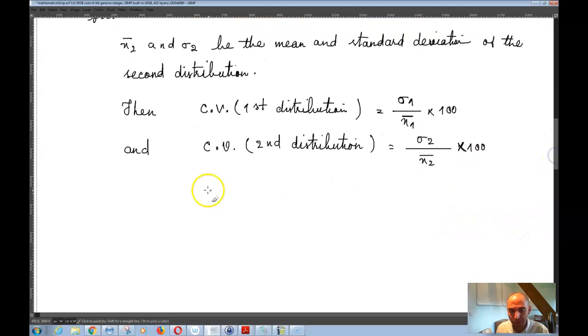Now, we also have as a given that x of 1 bar is equal to x of 2 bar is equal to some x bar, meaning that the means of the two distributions are equal.